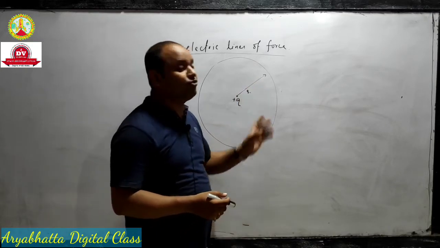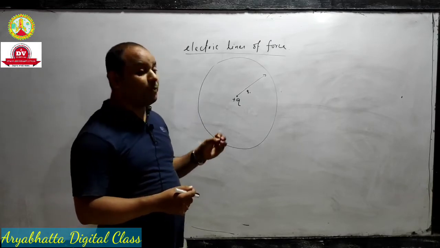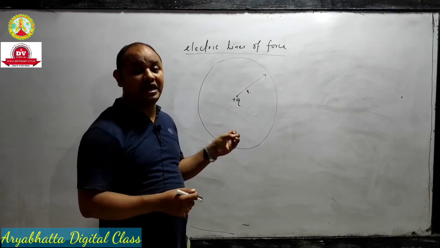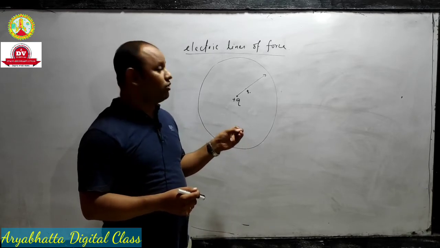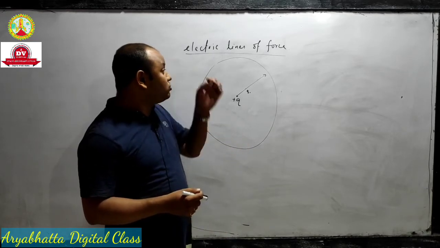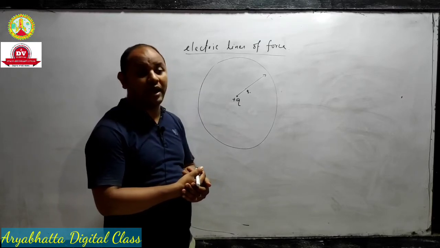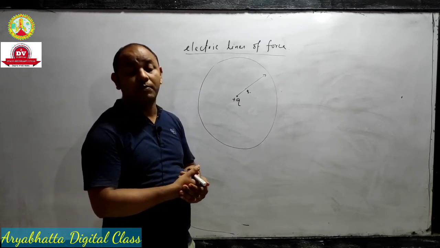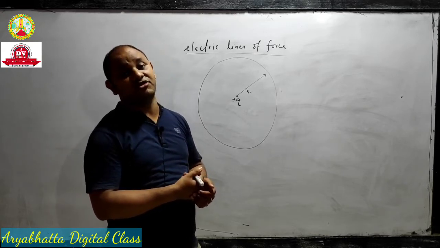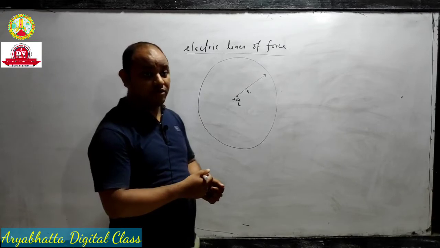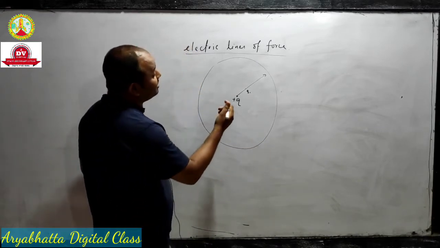Electric lines of force is the path followed by a test charge in an electric field, if it is free to move inside that electric field.